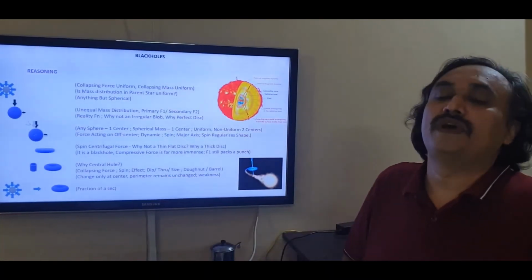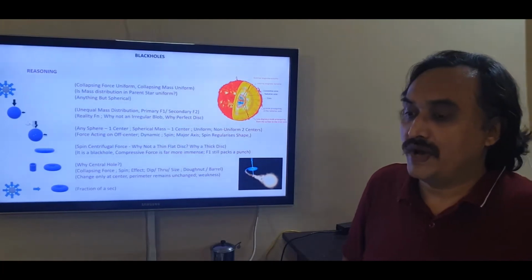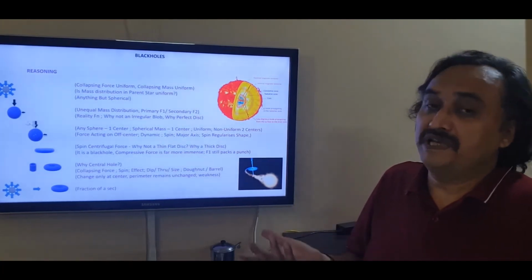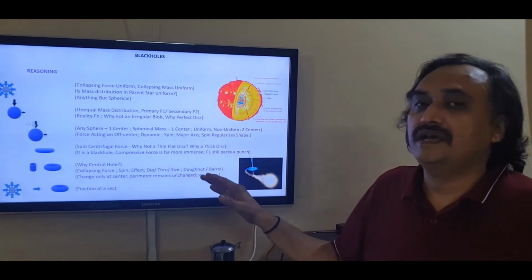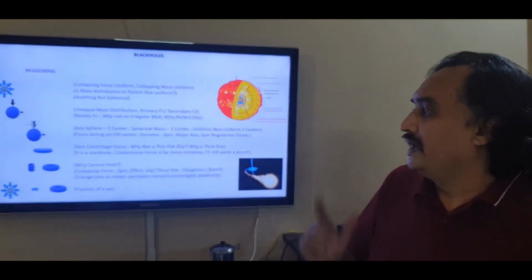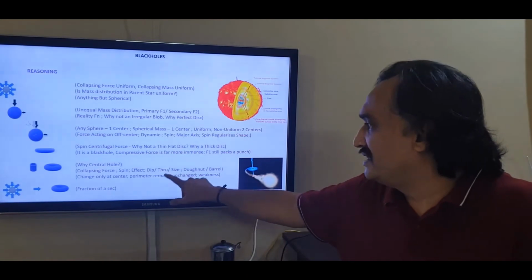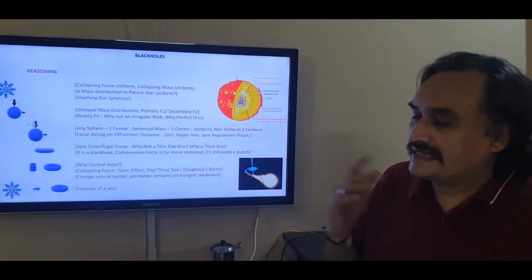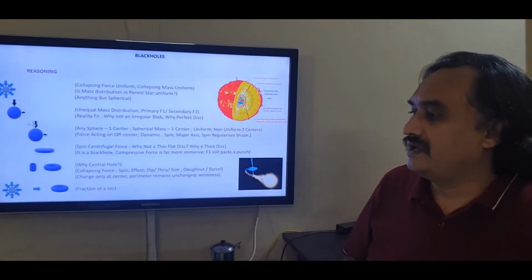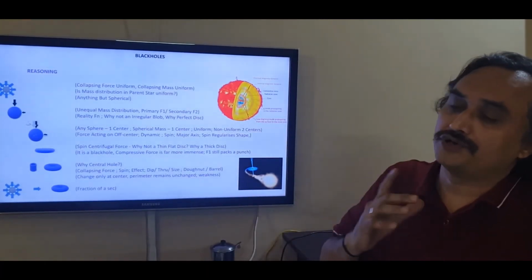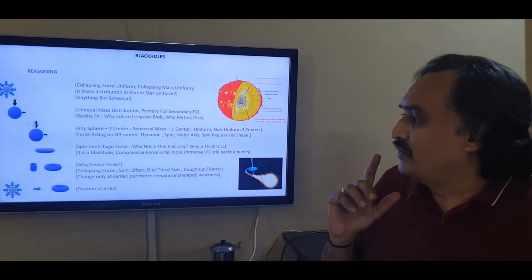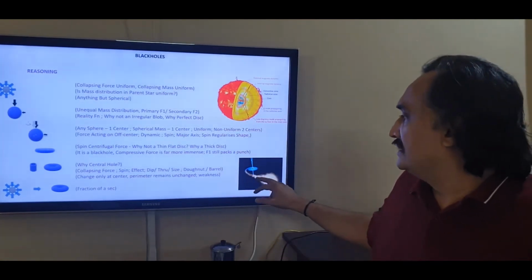Barrel you receive as an end result when the spin is more than the collapsing force. When the collapsing force is more than the spin, then you have a donut kind of shape. And why I say not just a dip but a through and through hole, size can be debatable. It's not a big hole, it could be a small hole, but for sure it's a through and through hole. We will discuss that at a later stage.